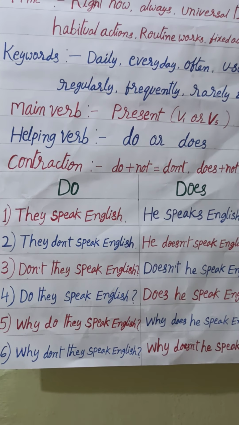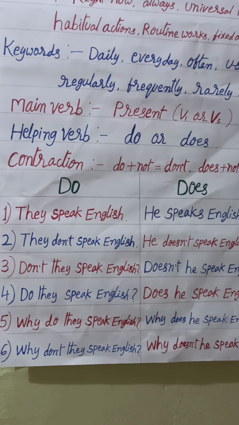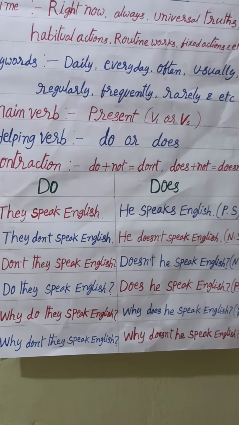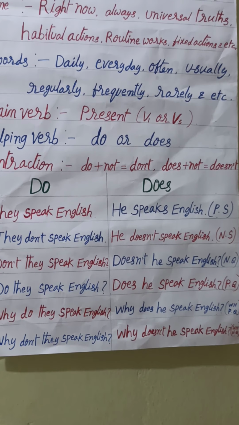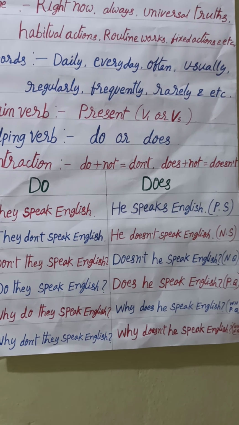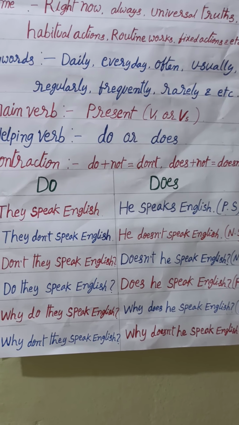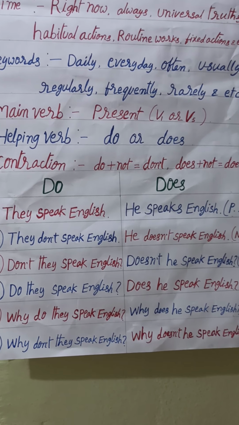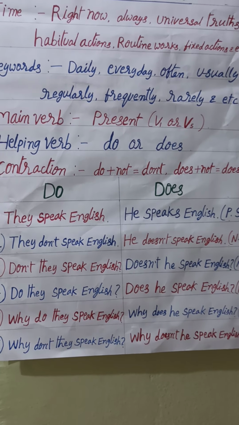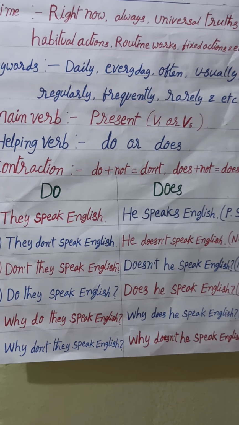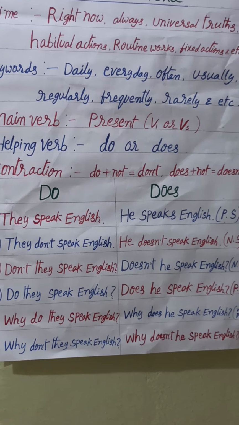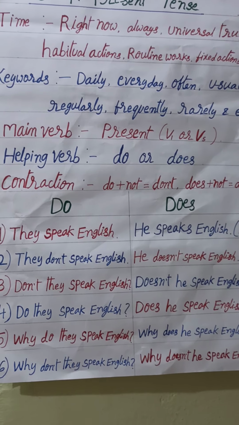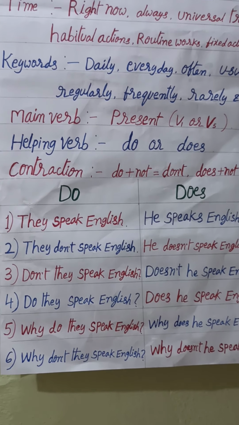We don't use do or does helping verbs in the positive statements. In the remaining 5 sentences we use do, does, but we don't use them in the positive statement.